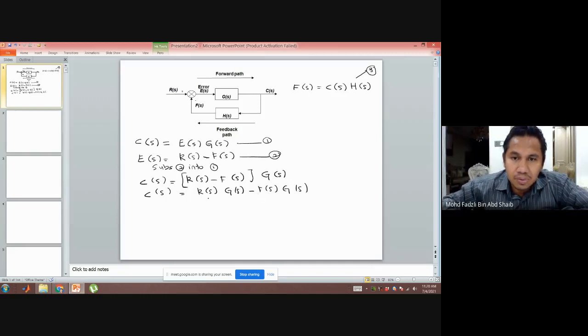Now we already know that F(s) equals C(s) times H(s). So we substitute 3 into 4.